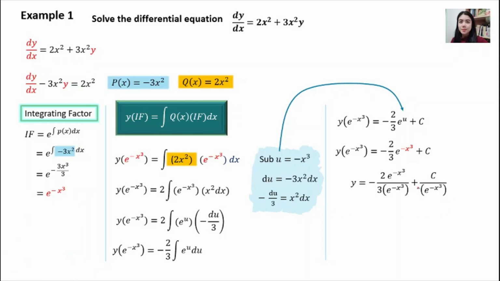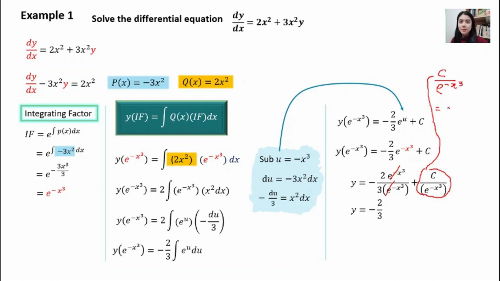For this one, you can cancel this one and this one, so you will have negative 2 over 3 only. Then for this one, what happened to this? You have C divided by the exponent of minus x cubed.